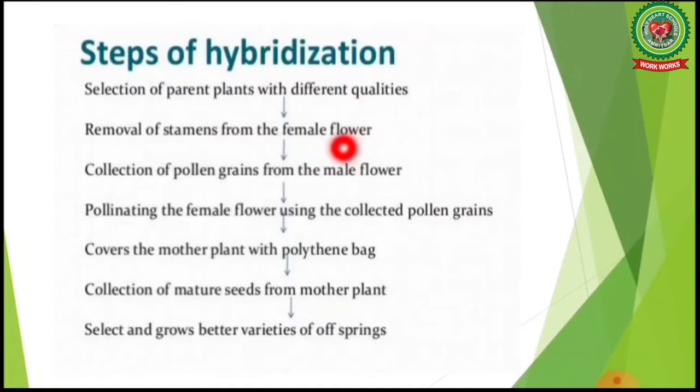The word masculine comes from the male part. So it is the removal of stamens from a bisexual flower before the maturation of stigma in order to prevent self-pollination. Now, the emasculated flower is covered with a paper bag and tagged properly, meaning it is mentioned on the bag when and from where it is taken.